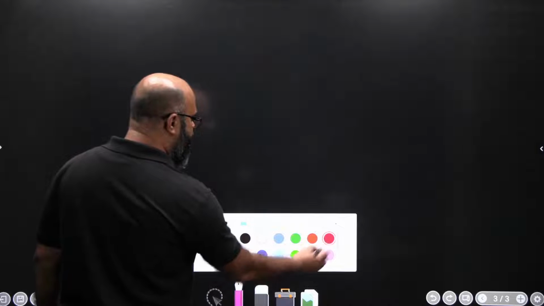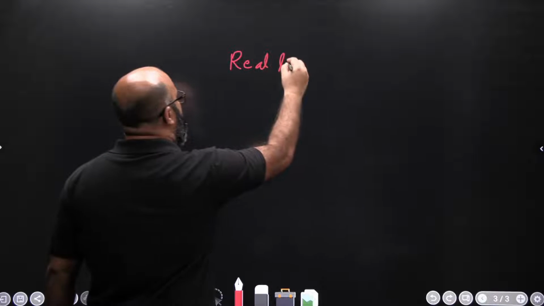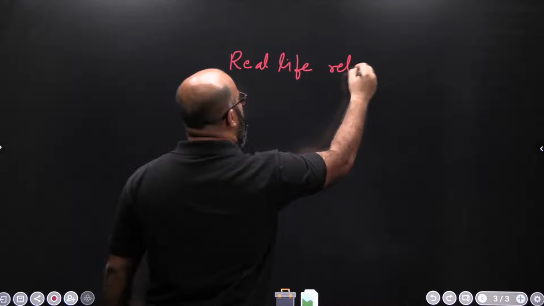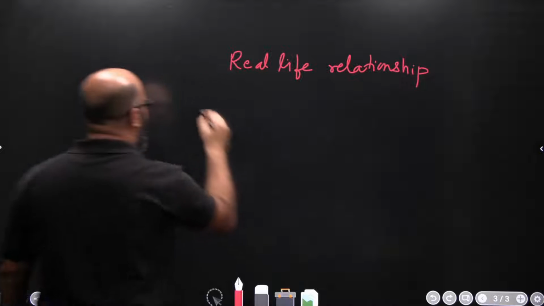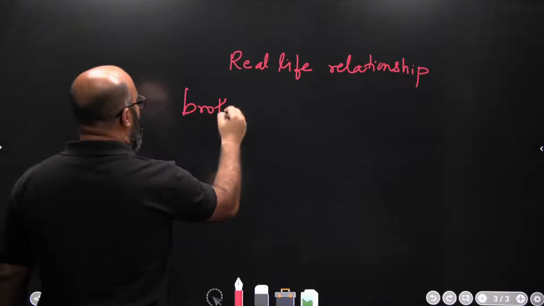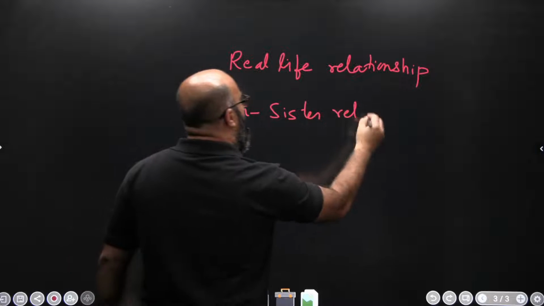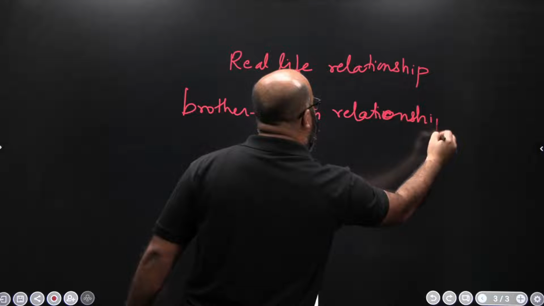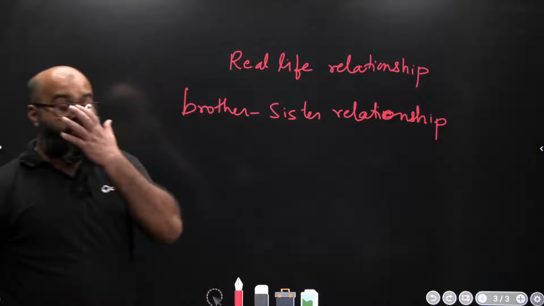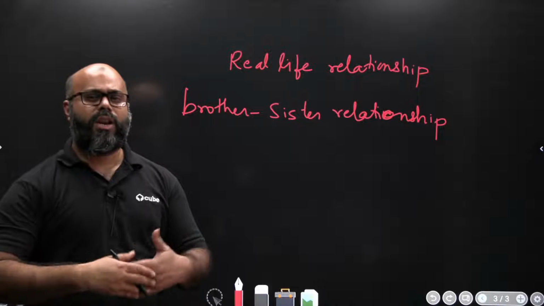I am giving you a real life relationship, and you know that real life relationships are many among us. First of all, let us talk about brother sister relationship. So if we talk about brother sister relationship, what will happen? A brother or a boy can have one sister, can have more than one sister, and a boy can also have no sister at all.